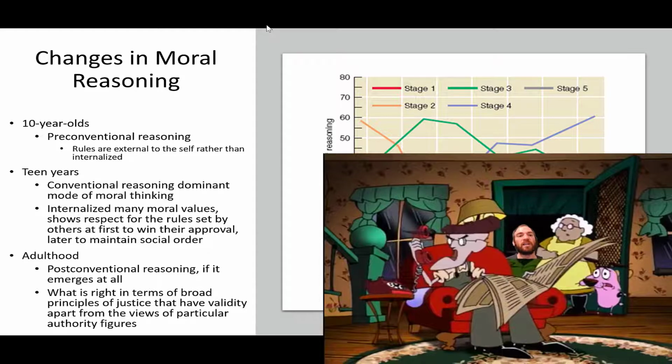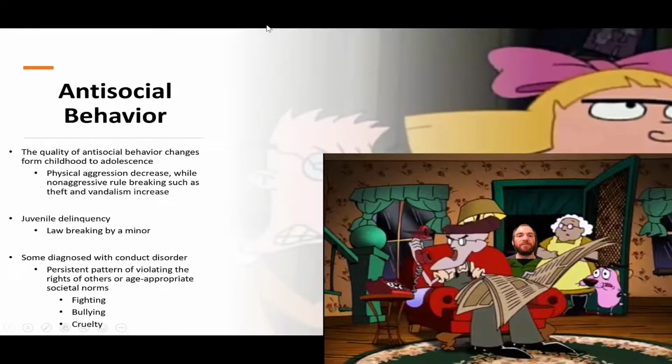So you can see a higher likelihood of advanced stages of morality according to Kohlberg with age, but many adults do not reach post-conventional reasoning, that final stage of Kohlberg's moral development. On average, many adults do not reach that stage.